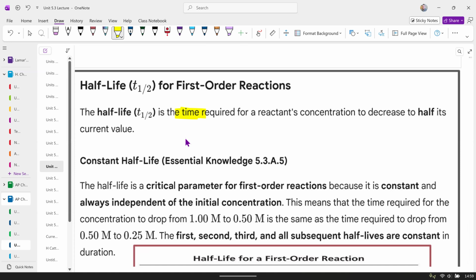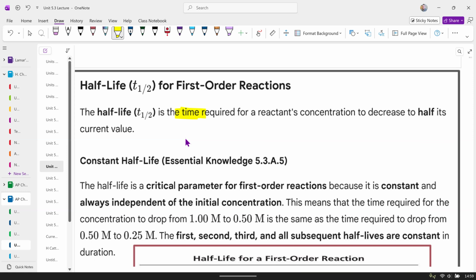So how much time does it take for the concentration to go from its original value to half of its value? That's what we're interested in. But half-life is going to be expressed as a value of time, whether that is seconds, minutes, or hours.